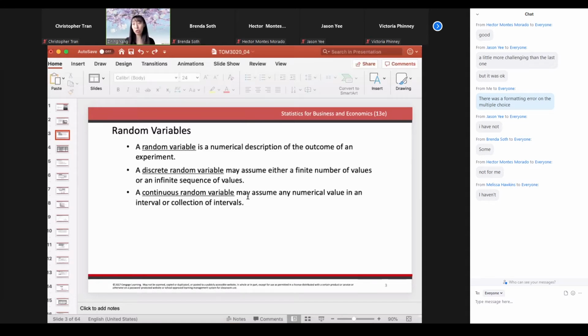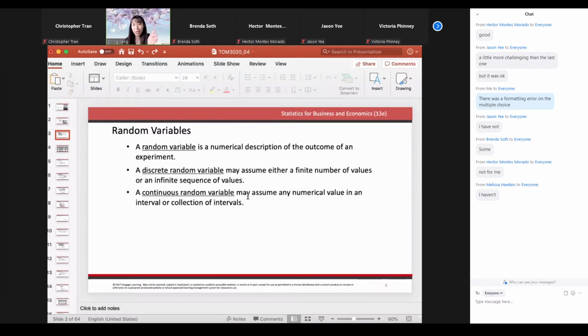I tell you, I drove 10 miles yesterday. Or when I check the meter, that's really precise. It may show, oh, actually it's 10.2 miles or 10.234 miles, right? So it can go as many decimal places as I want, as long as the meter is precise. There's no value I can't take, right?